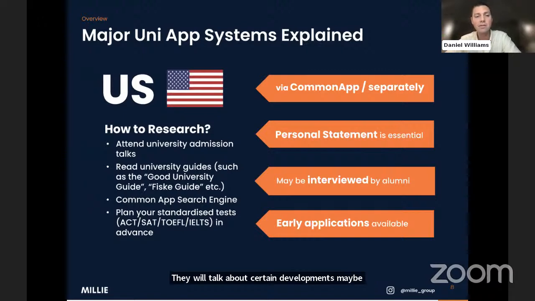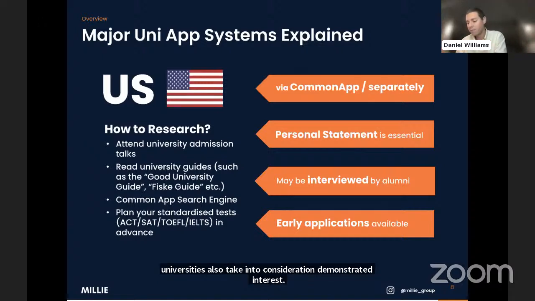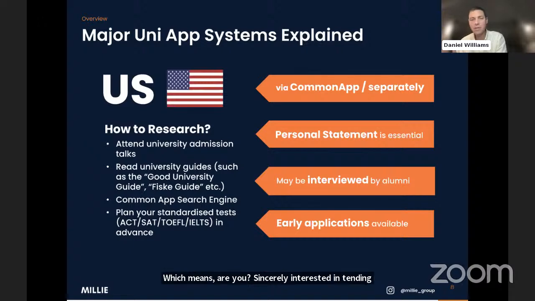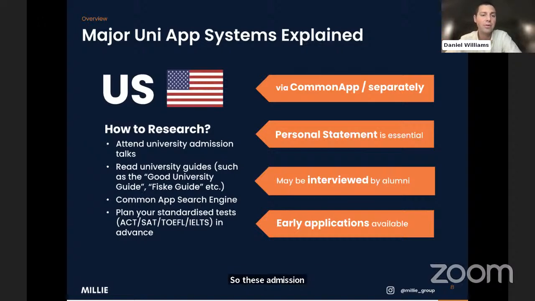And many US universities also take into consideration demonstrated interest, which means, are you sincerely interested in attending the school? Have you demonstrated that interest by attending admission talks or going for a campus visit? So these admission talks are really useful and very helpful for you to get a sense of where to apply and also how to strategize your application to meet the needs of that particular school.